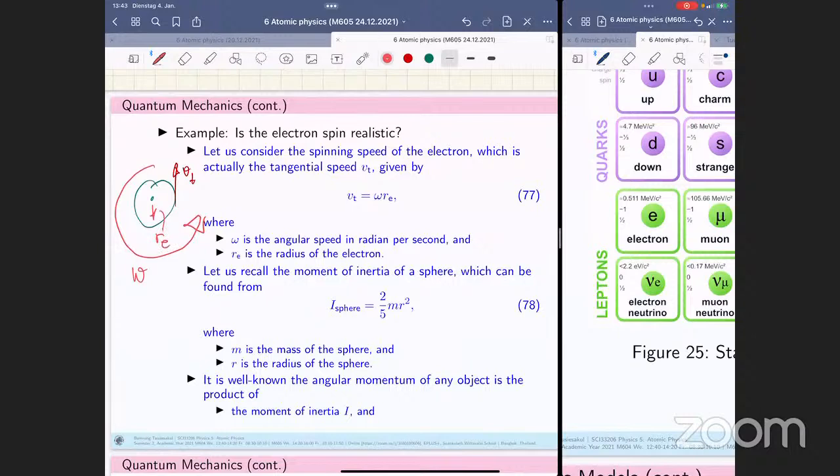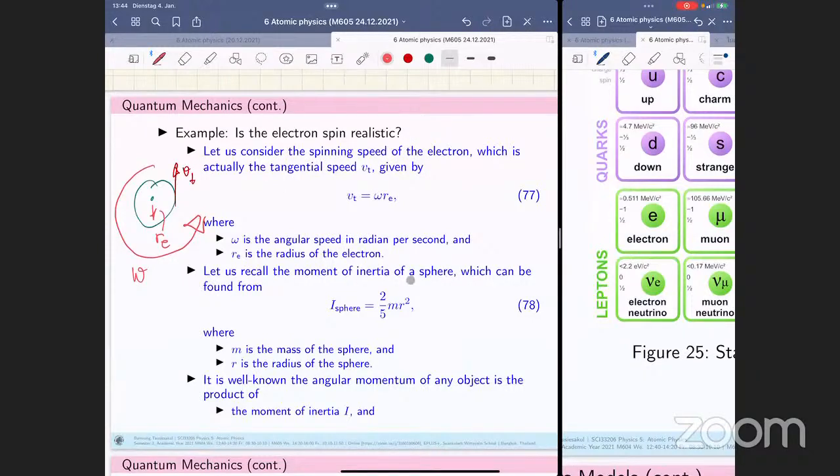So the tangential speed could be found from the product of the angular speed times the radius of this electron. So you could get the tangential speed from this expression. That's the basic formula from classical physics.